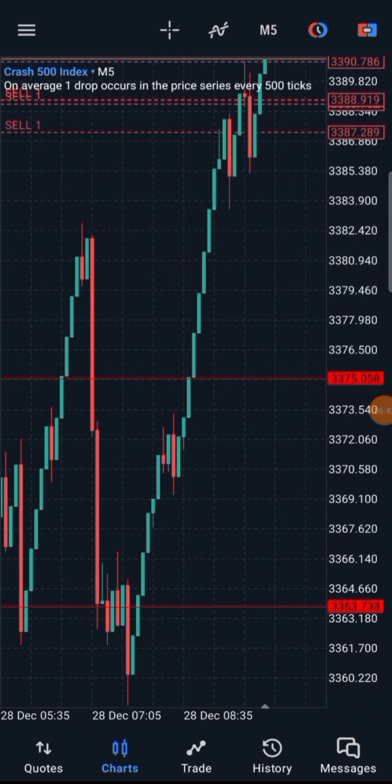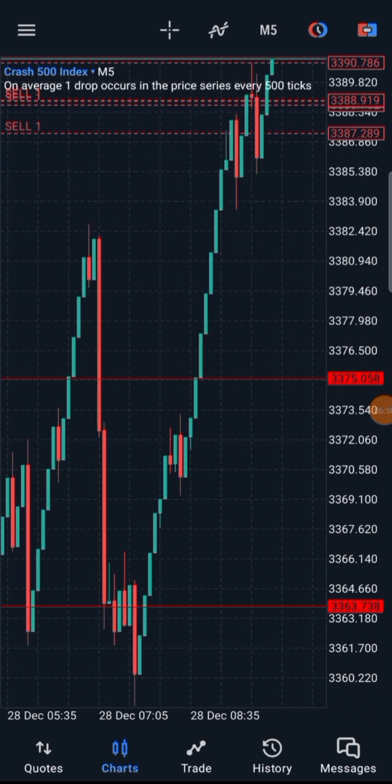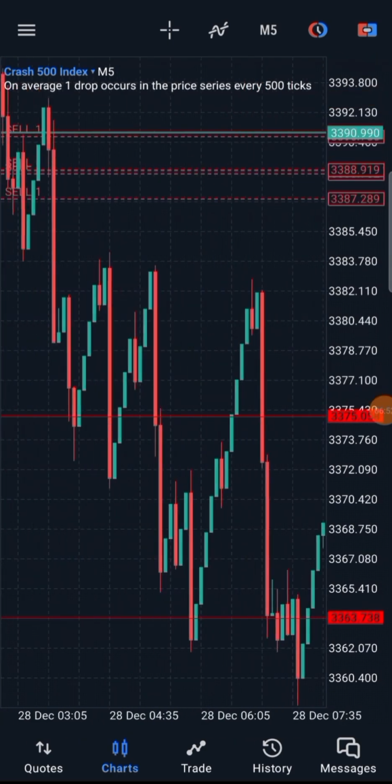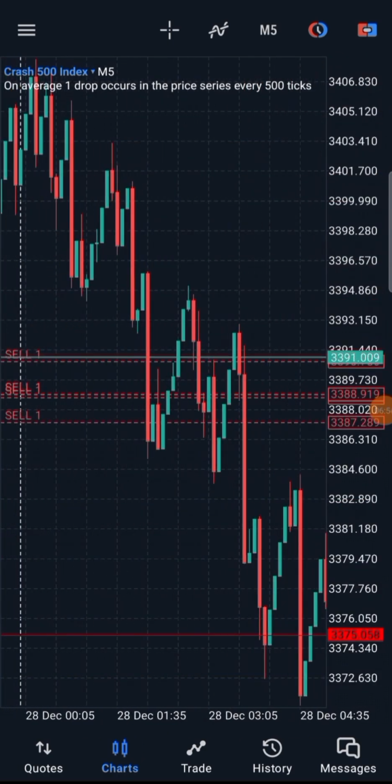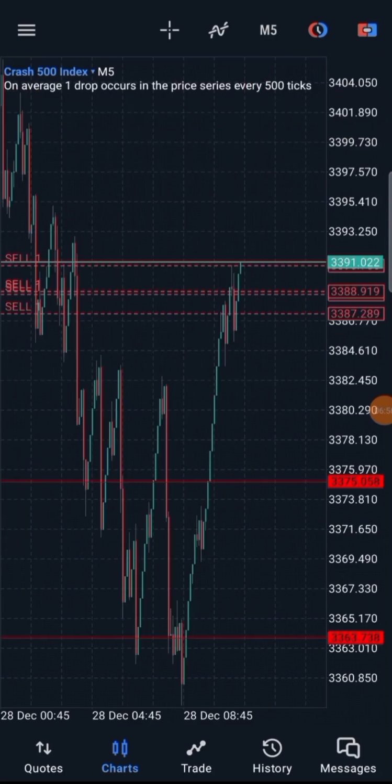So what determines whether the demand is strong or the supply is stronger? It's the bears and the bulls. So when you see a market structure forming, you'll notice that there's a reason why it does that.